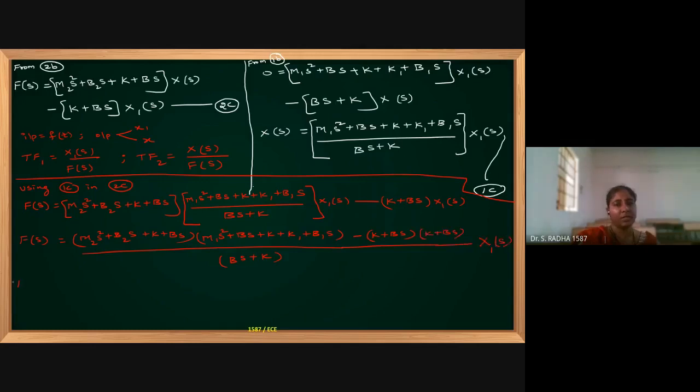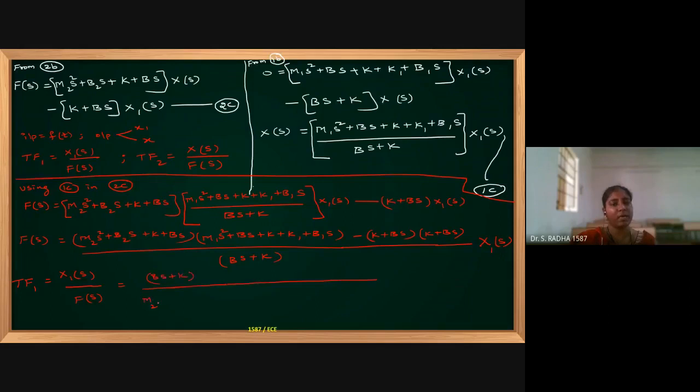Now I want transfer function 1, which is Laplace of output by Laplace of input. So now you shift this entire fraction to the other side. I will have bs plus k whole divided by the denominator.